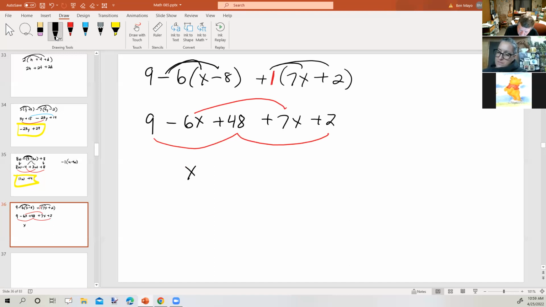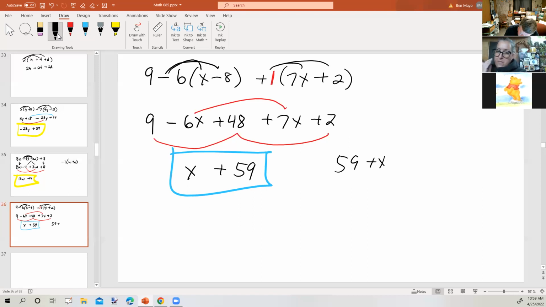Then 9 plus 48 is what? 57 plus 2 is plus 59. Now, again, if you wrote 59 plus x, that is a correct answer. This is just better, getting you ready for what's coming later. So again, any question about anything there?